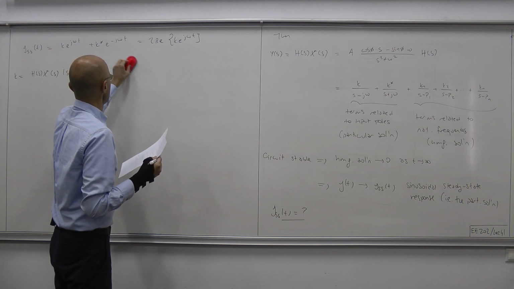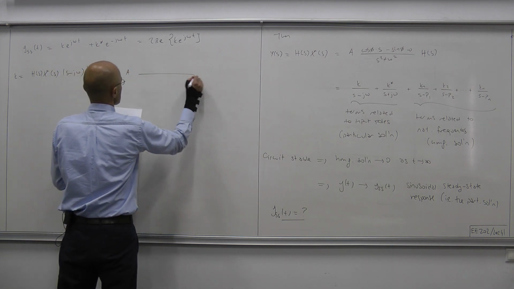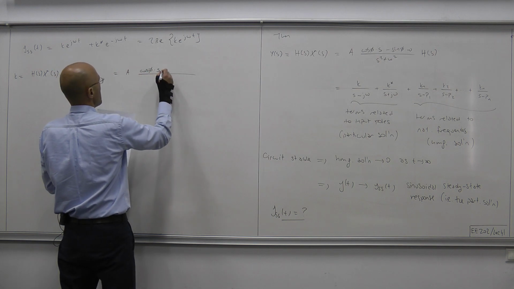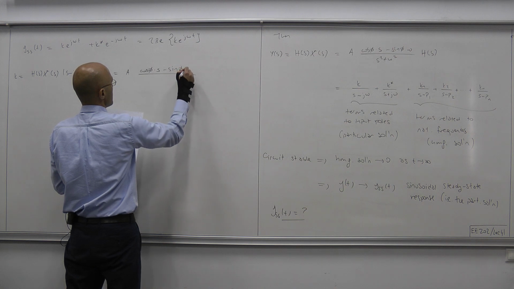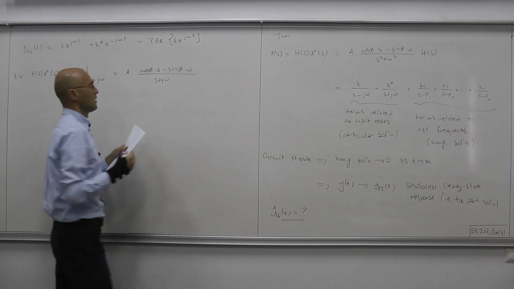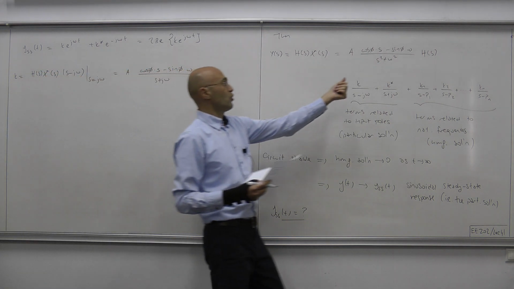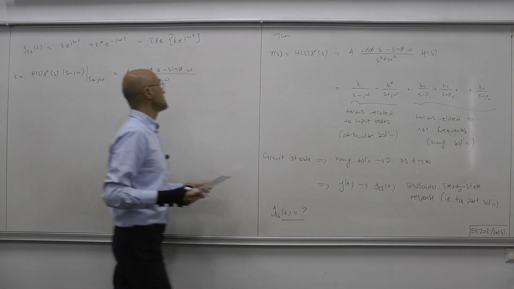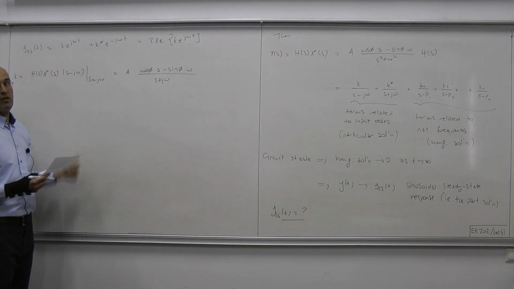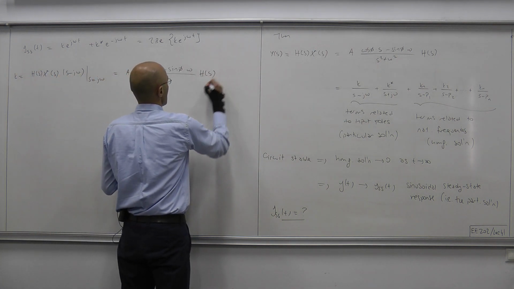okay, let me put it here. A times cosine phi s minus sine phi omega over s plus j omega, because the s minus j omega term in the denominator is cancelled by this term here that we are multiplying Y(s) with, and times H(s).